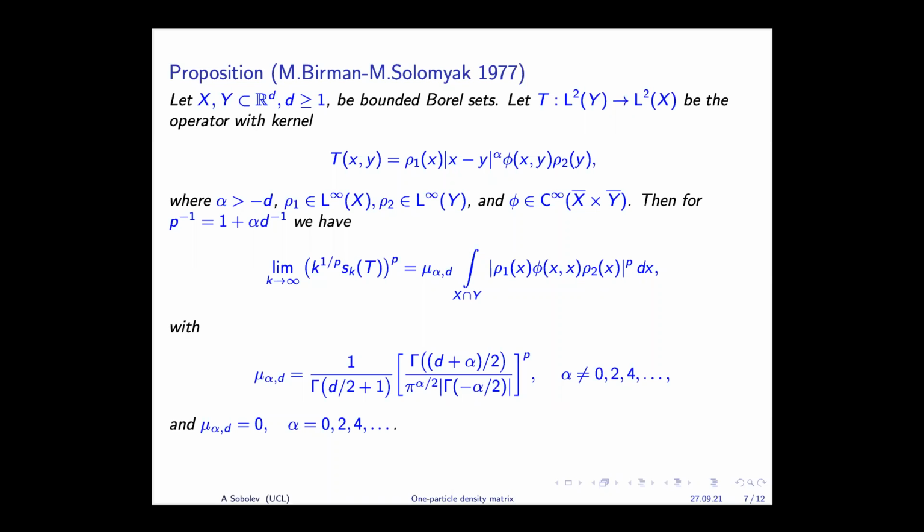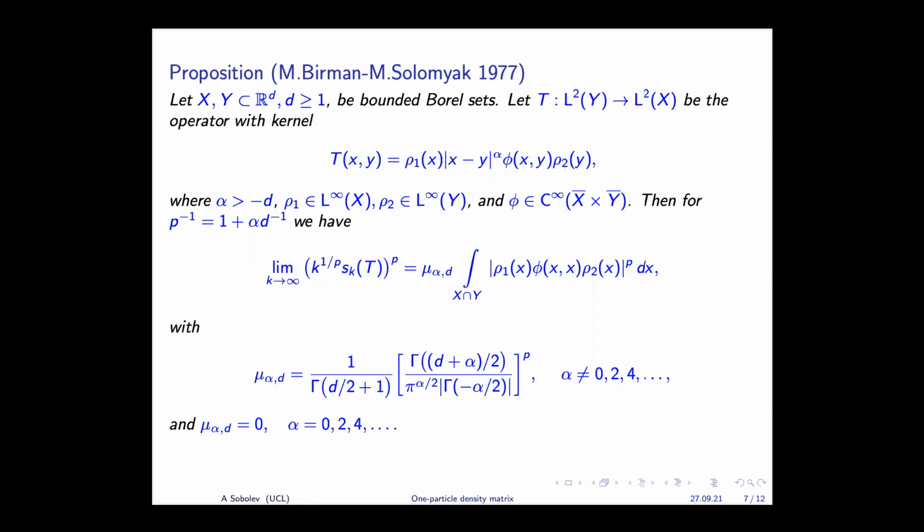And then under all these conditions that I just wrote down here, this operator is compact and its singular values satisfy this formula. This is the asymptotic formula for singular values. Look at this exponent p. The singular values decay like n to the power minus 1 over p. 1 over p is given by this formula.